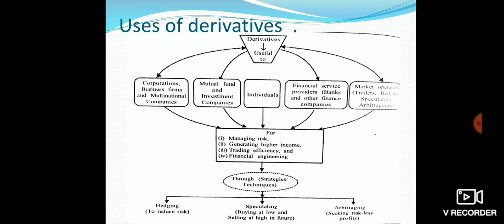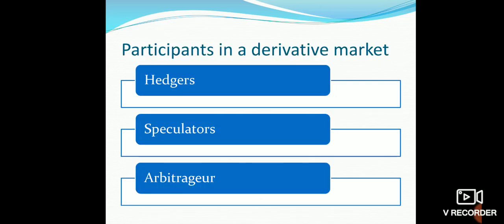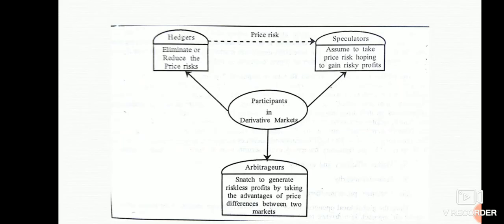Here are some of the activities involved in derivatives: hedging to reduce the risk, speculating, buying at a low and selling at a high in future, and arbitraging, seeking riskless profits. There are a few participants in the derivative markets. They are called hedgers, speculators and arbitrageurs. Hedgers are risk eliminators.